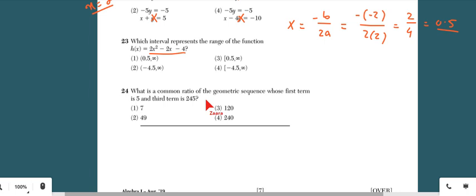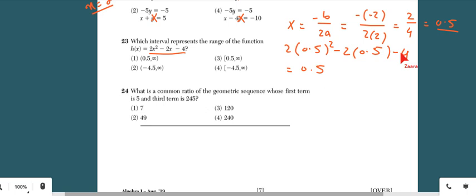Now let's substitute 0.5 here. So 0.5 squared minus 2 into 0.5 minus 4. 0.5 squared is 0.25, times 2 that will give us 0.5.